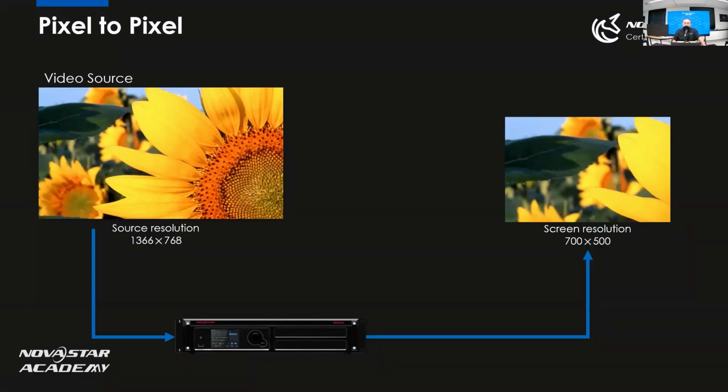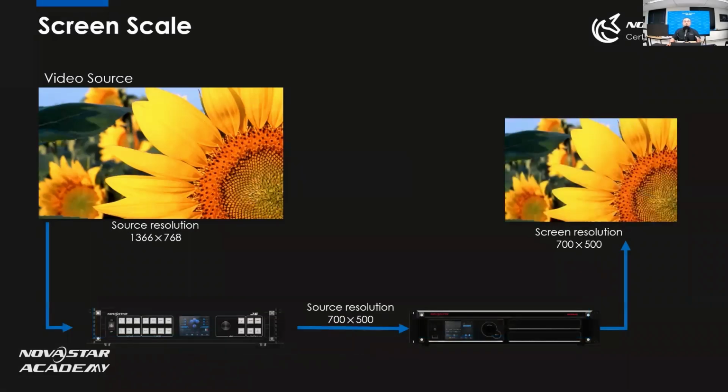So if we want to display all the content on the screen, a video processor or software scaling is necessary, which can scale the image resolution from the original one to the correct resolution of the screen. That means we need to add one more device in this structure, which is the video processor.